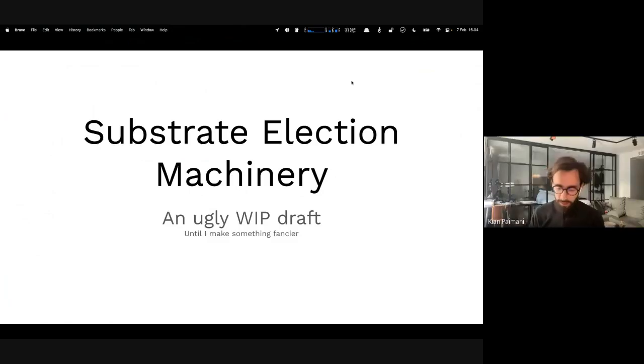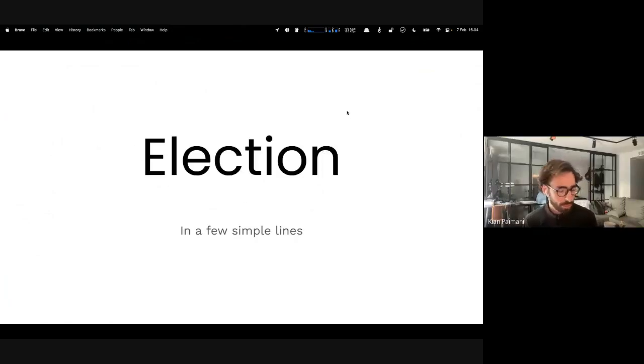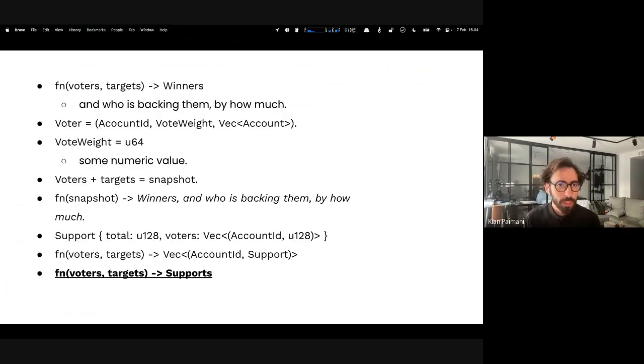Okay. Let's begin with the definition of what this election is that we're talking about, in a very generic term. What we refer to as election is a function of a set of voters and a set of targets, which gives us at the end of the day a set of winners that we then use in some ways.